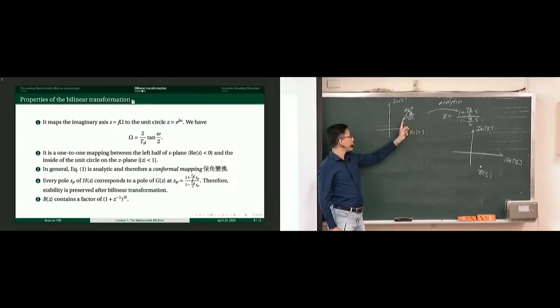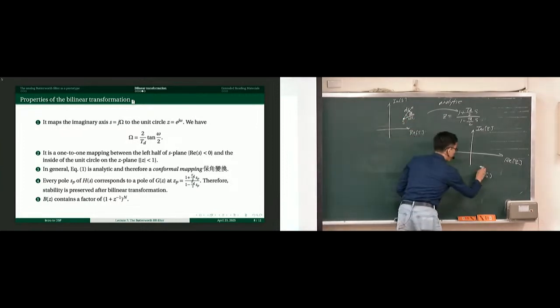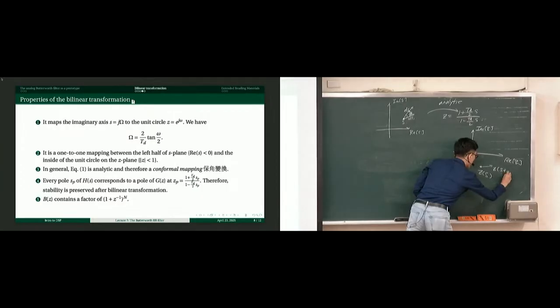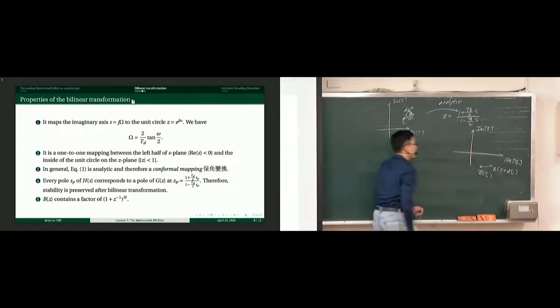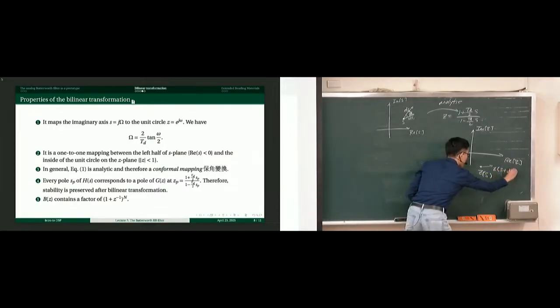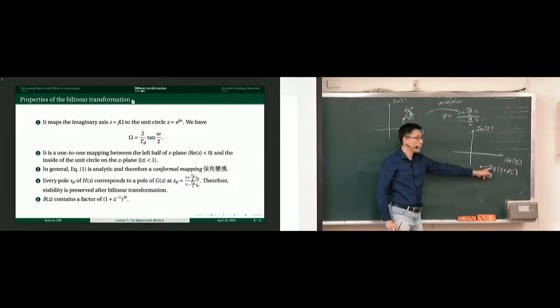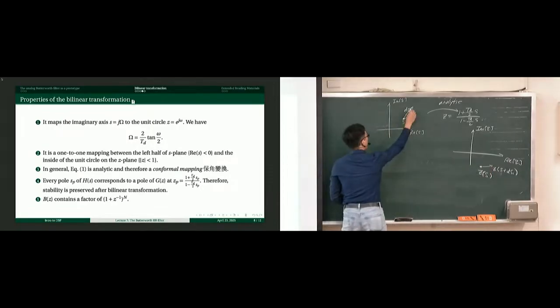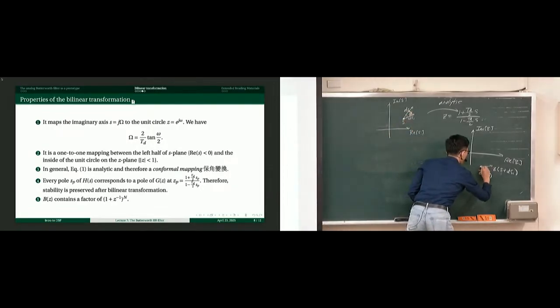By moving from S to S plus ds1, the corresponding move might be in any direction. So Z of S plus ds1, Z as a function. Now this point also moves infinitesimally, one very small step toward a certain direction. And then how about S2? Now Z can also move toward a certain direction.